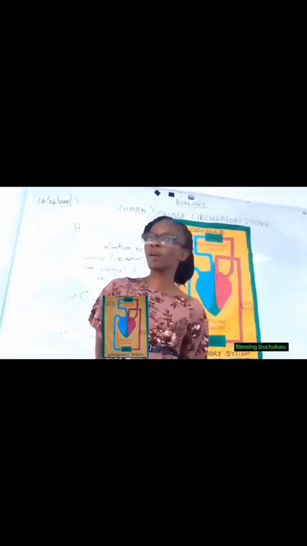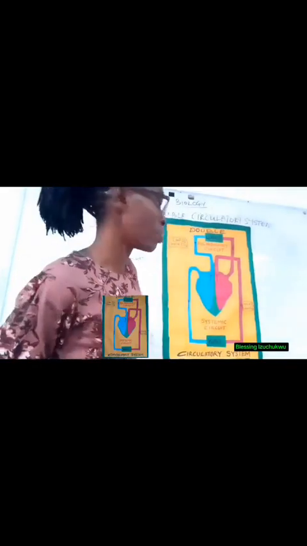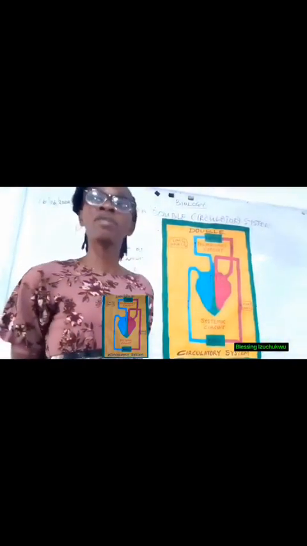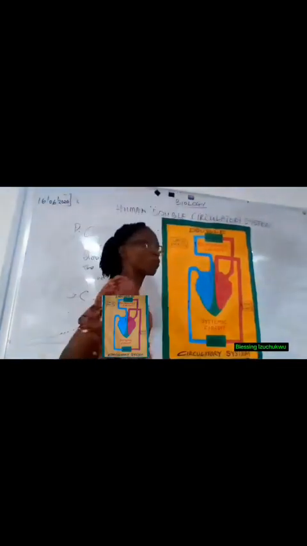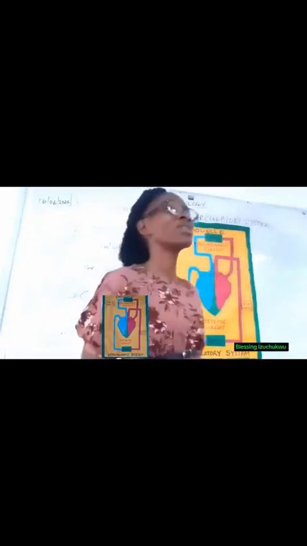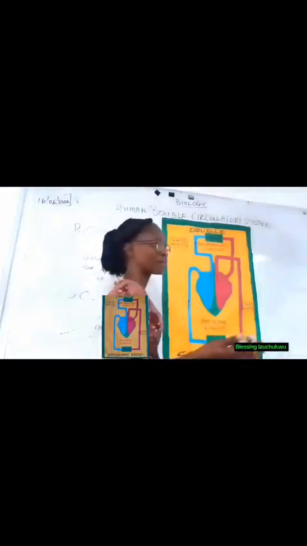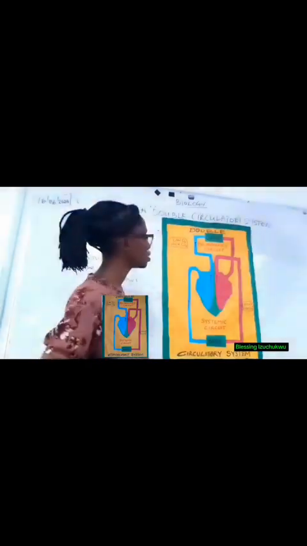The coronary blood vessels supply the heart with its own blood, because the heart is an organ; it has tissues and cells, so it needs its own supply of blood.